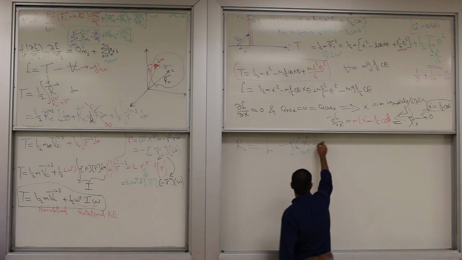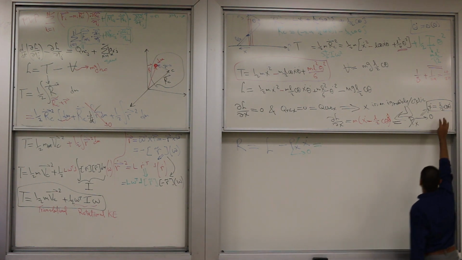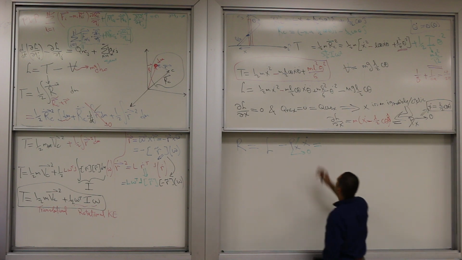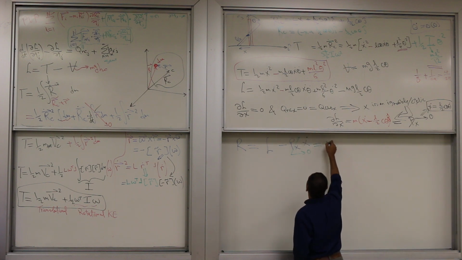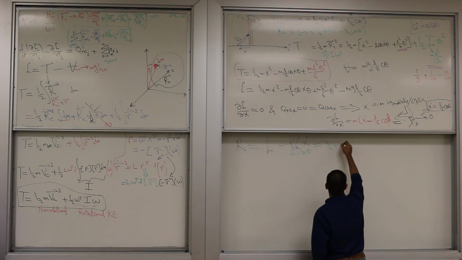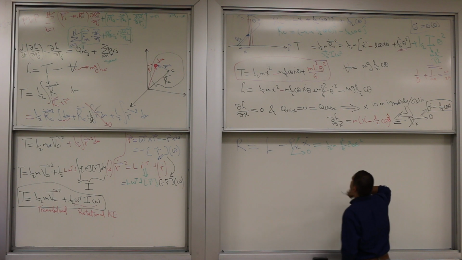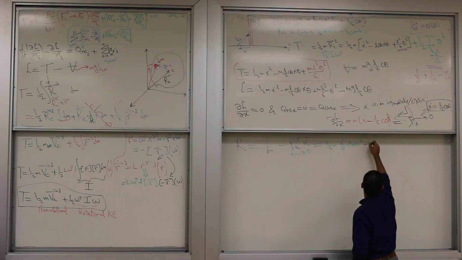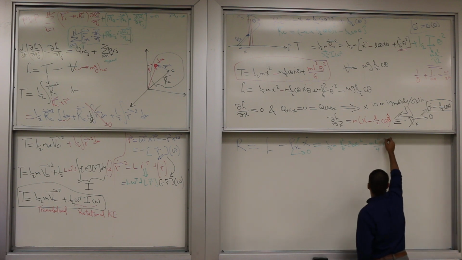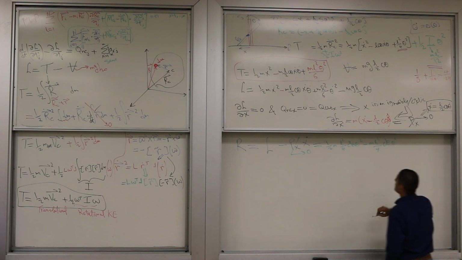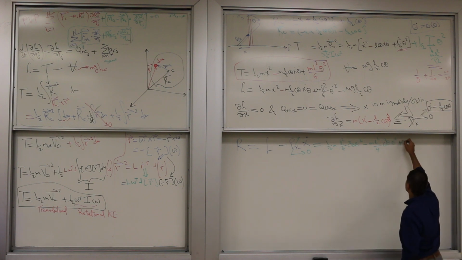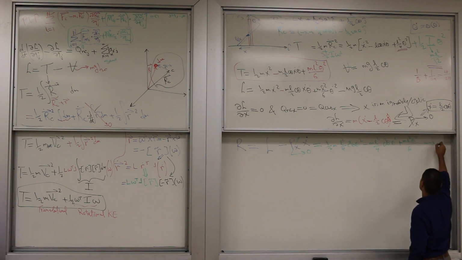So let's substitute x dot in every term in our Lagrangian. So I have 1/2 m x dot squared, so this is m L squared over 8 cosine squared theta theta dot squared, minus I have m L squared over 4 cosine squared theta theta dot squared, so I have the same term, plus m L squared theta dot squared over 6 and m g L over 2 cosine theta.